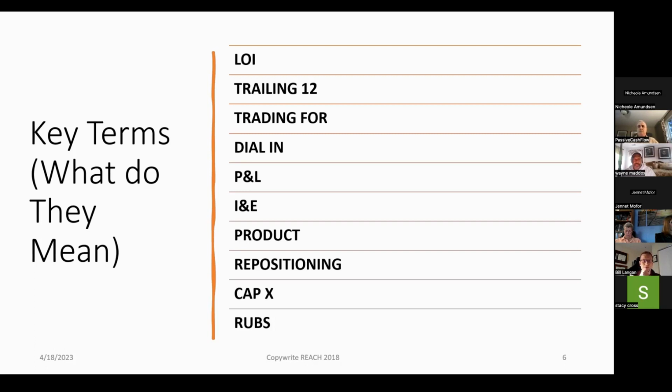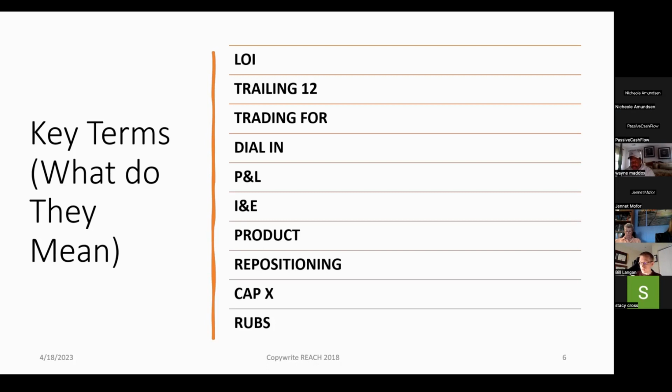All right. Trailing 12. So every month when you are doing your books, you're going to do an income and expense statement, which is down there further. It's an I&E, right? And a trailing 12 just means that you are getting the last 12 months of your income and expense statements.